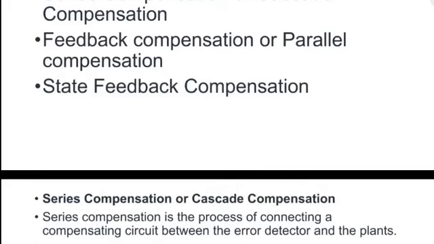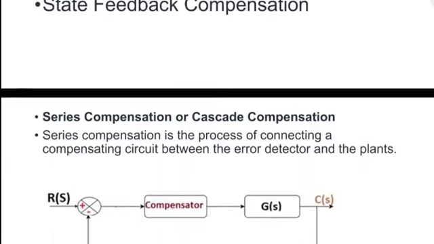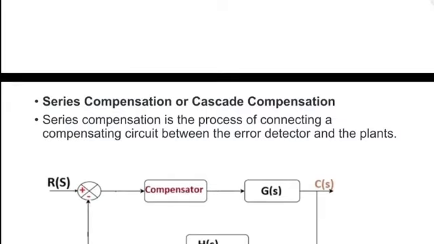Secondly, we are also supposed to look at the types of compensation in control systems, and we have a few of them. We have the series compensation or cascaded. We have also the feedback compensation or parallel feedback.